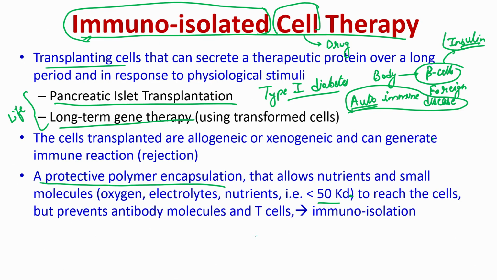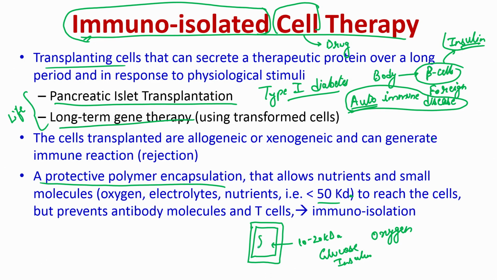If I have a semi-permeable membrane that only allows small molecules like 10 to 20 kDa to go through, then glucose, insulin, and oxygen can go through and reach the cells present inside this implant, whereas the antibodies, your antigen presenting cells or your leukocytes are not able to go through because of this semi-permeable barrier.